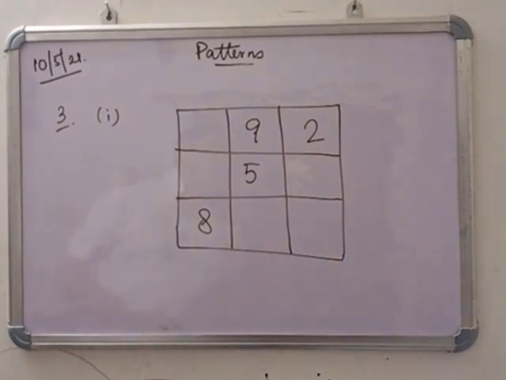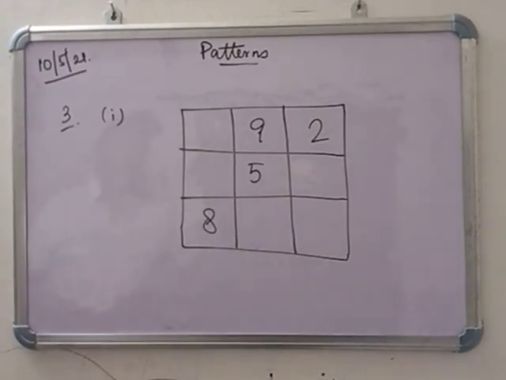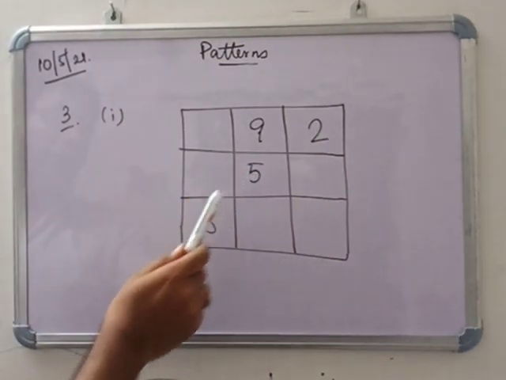In 3, see that, a magic square is given in 3 and 1. In 3 and 1, the numbers given are 9, 2, 5 and 8.